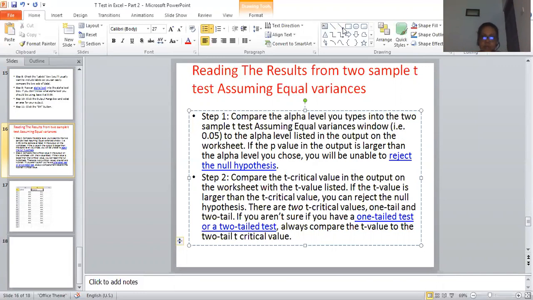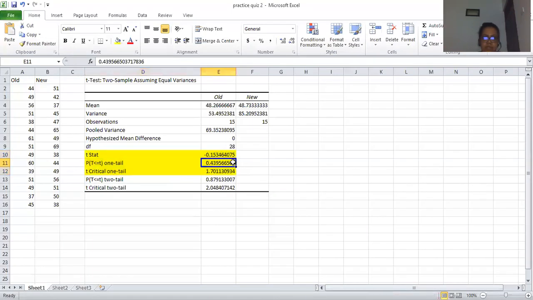We'll look at what our p-value is. So here the p-value is 0.439, which is greater than 0.05.